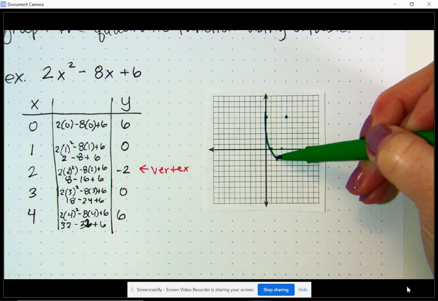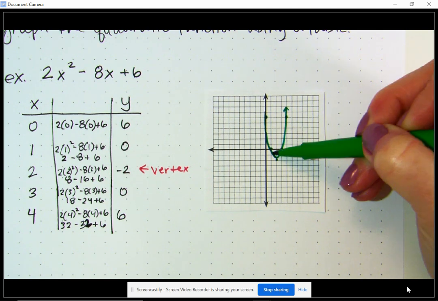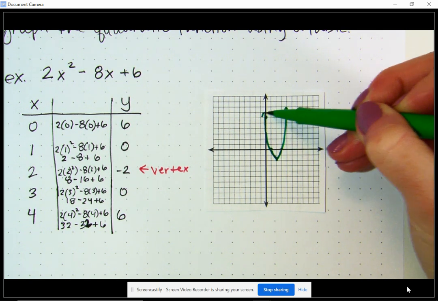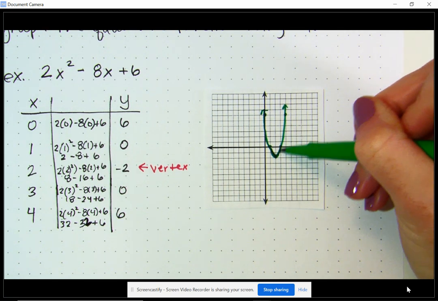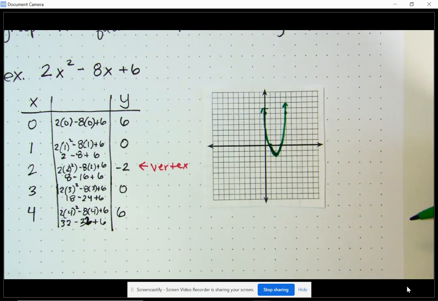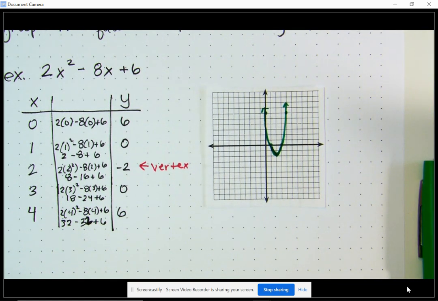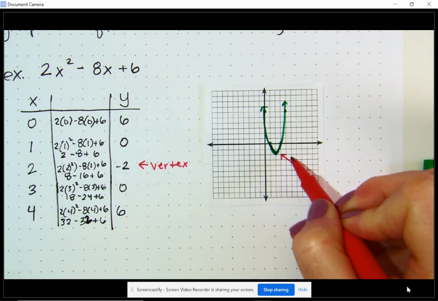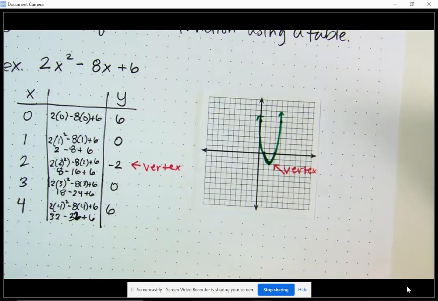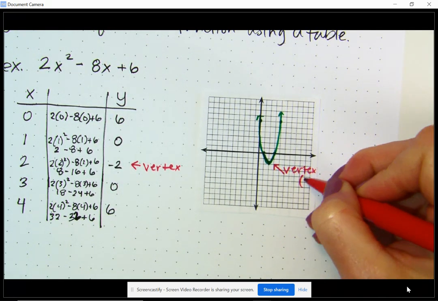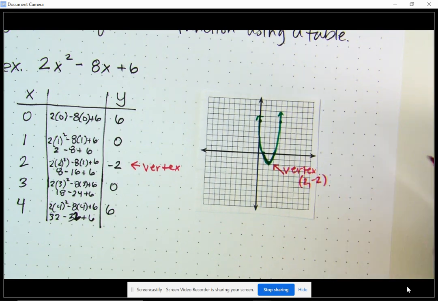And do your best to, oops, I missed that a little bit. Remember, it's a U shape, and I know sometimes the vertex makes it look like a V. So I'm just going to label, this is my vertex at 2, -2, right?